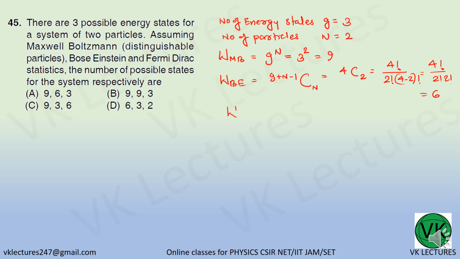Now for Fermi-Dirac, the number of possible states is GCN, where G is the number of states, that is 3C2, which is 3 factorial divided by 2 factorial into 3 minus 2 factorial, so that's equal to 3. So 9, 6 and 3 is the answer.